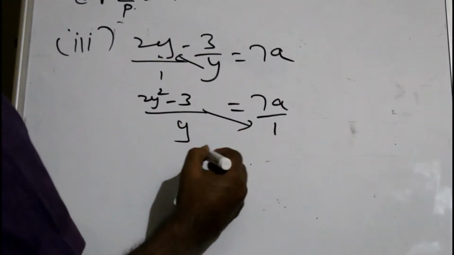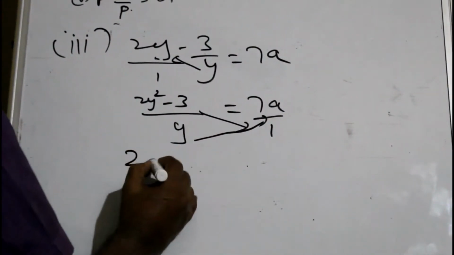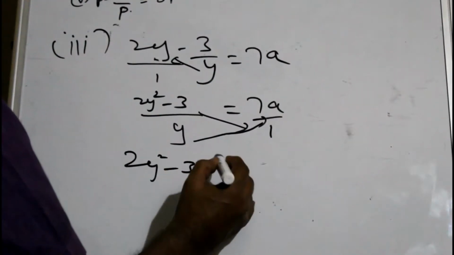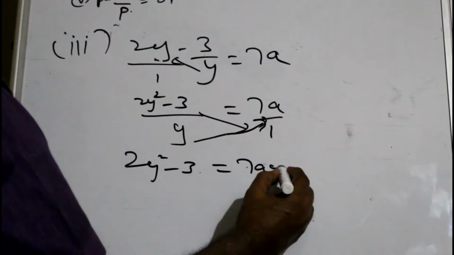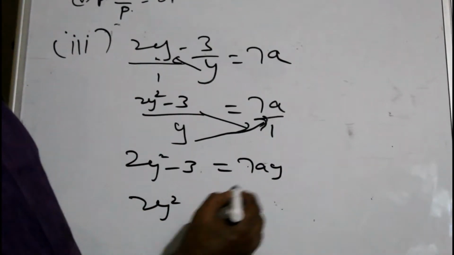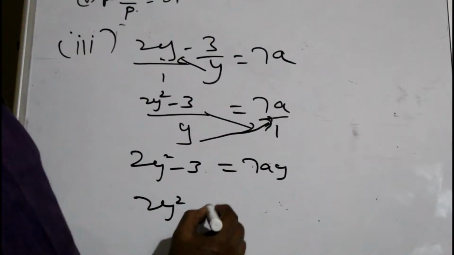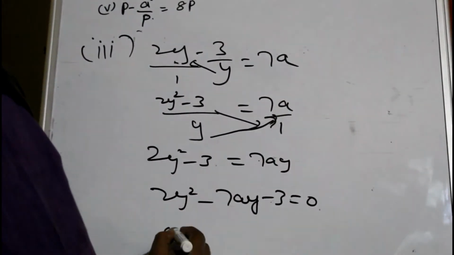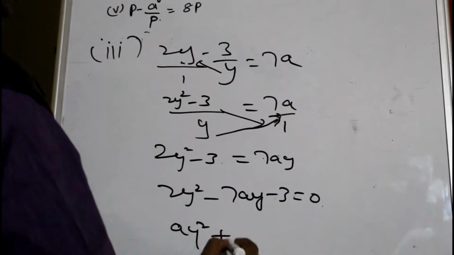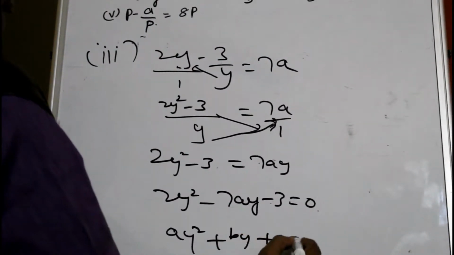Now you cross multiply. You get 2y square minus 3 equal to 7a into y, that is 7ay. Write the y square term first. Next write the y term: 2y square minus 7ay minus 3 equal to 0. This is of the form ay square plus by plus c equal to 0.